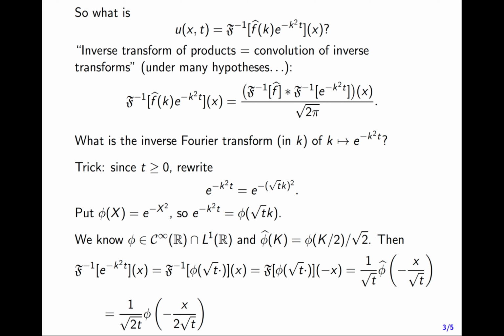So now I have 1 over root 2t phi of minus x over 2 root t. So I popped the hat off phi and did some extra scalings. And then for my formula for phi, this is 1 over root 2t e to the minus x squared over 4t, again assuming that t is positive. Okay, that was quite a calculation. This might be a moment to hit pause and make sure you can go through all of it.